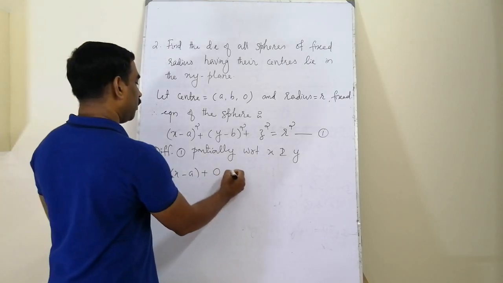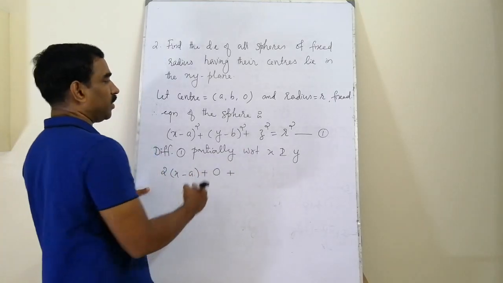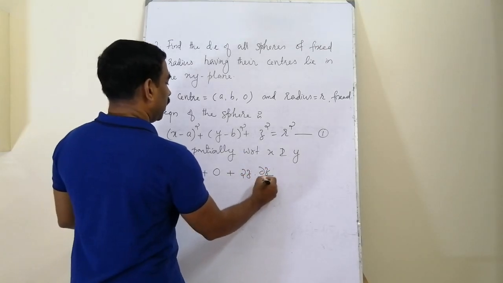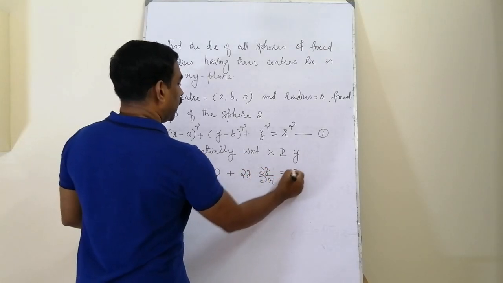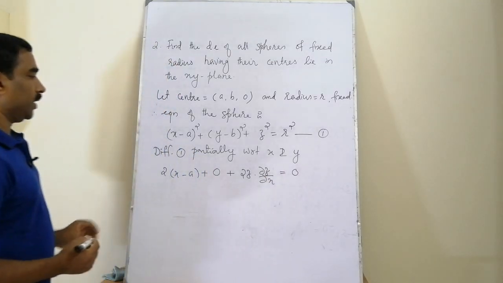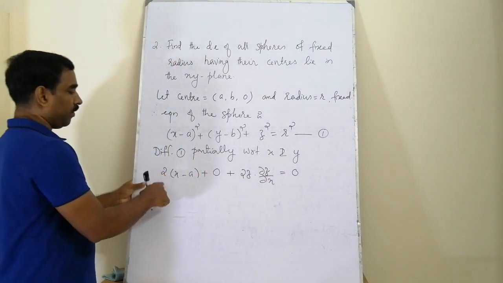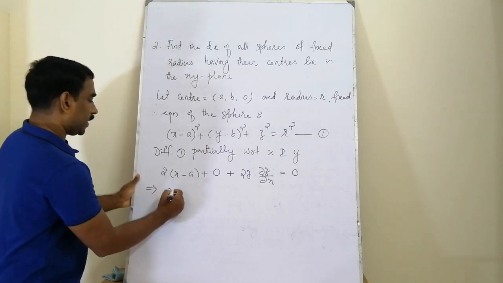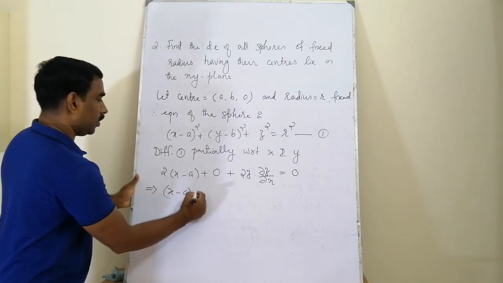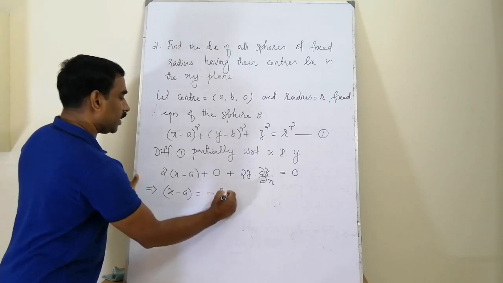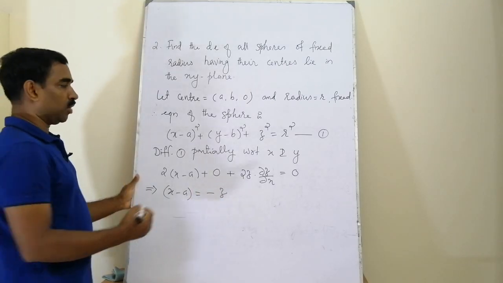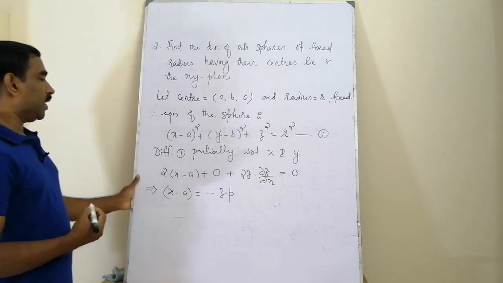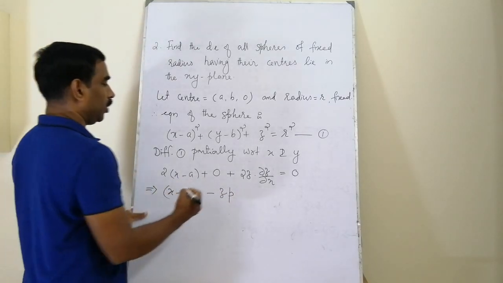But the third term may contain x because of the presence of z, so this will be 2z ∂z/∂x, and the right hand side derivative is 0 because it is a constant. Dividing by 2, this is equivalent to x − a = −z ∂z/∂x.